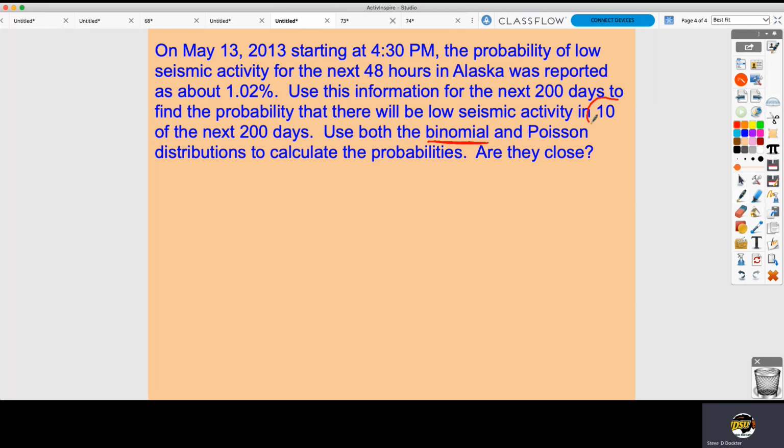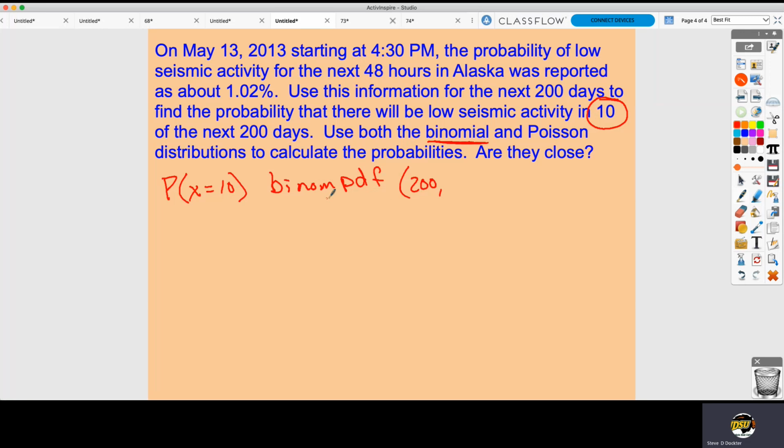It's exactly 10, all right? So for this, what we're truly finding is the probability that x equals 10 here. So because it's equal, we're going to use the binomial one, and it's going to be PDF.